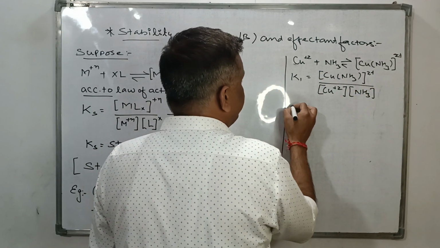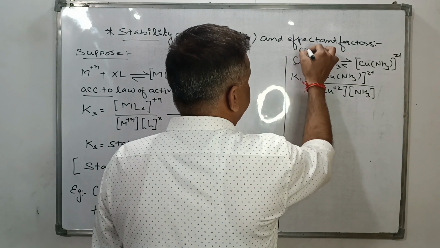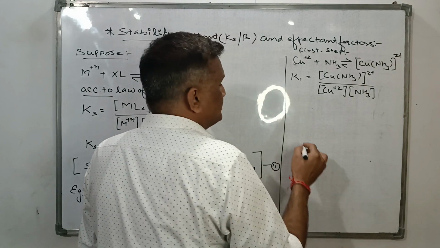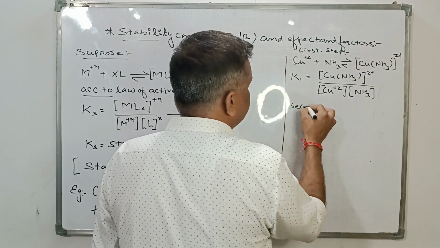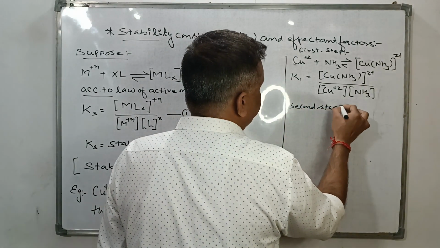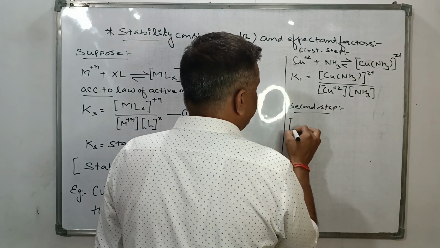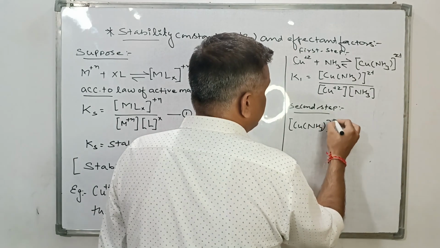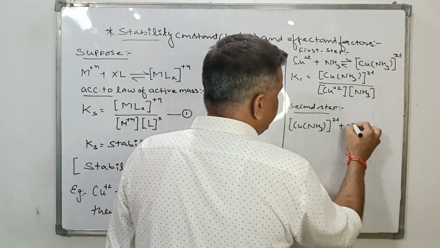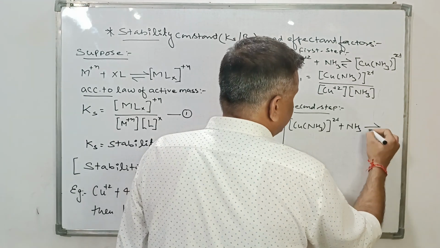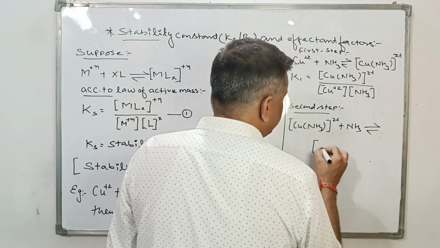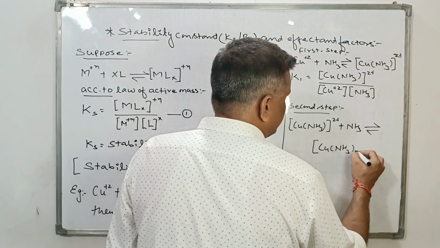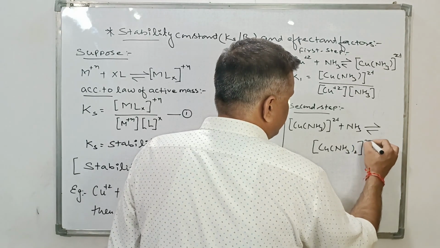Now we'll go with the second step. In the second step, the forming species Cu(NH3) 2 plus and another NH3 react with each other to give Cu(NH3) whole 2, 2 plus.